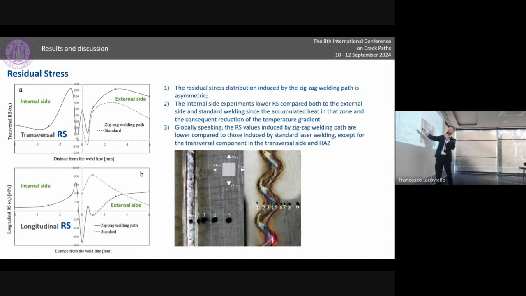In the case of transversal residual stress, the reduction is only in the internal side. In the external side, we have a sort of increase of residual stress compared to the standard welding. But globally speaking, if we consider a mean value of residual stress, we can say that using this path, we can observe a reduction of the mean residual stress compared, of course, to the standard welding.